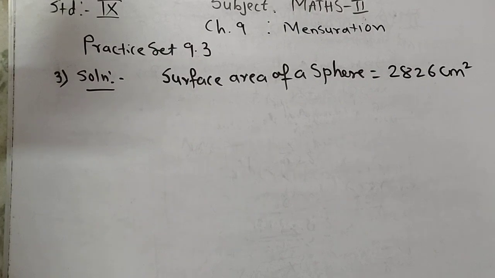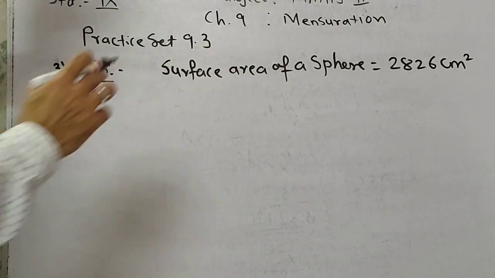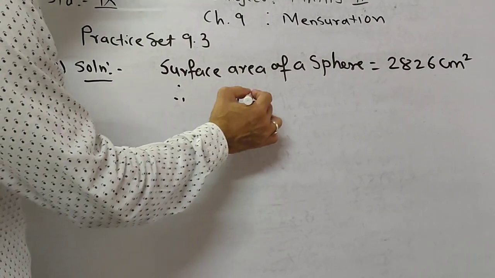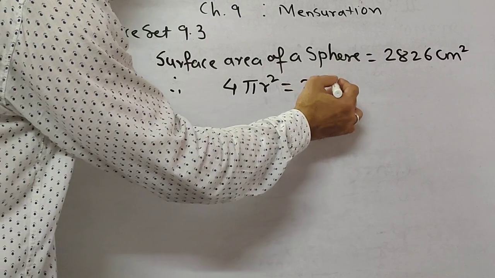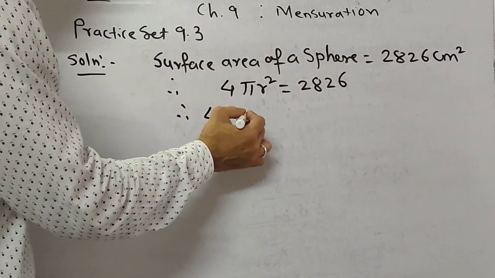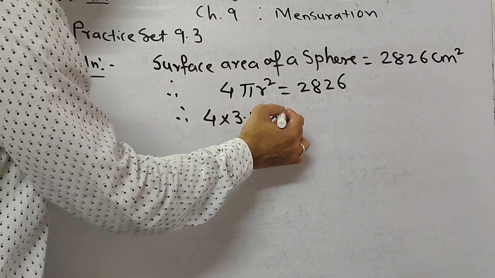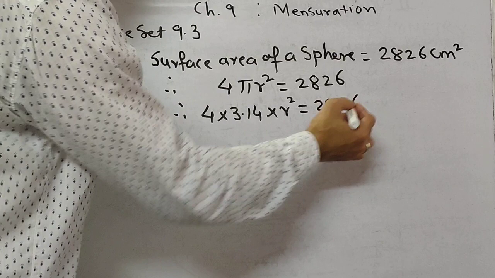Find its volume. Pi is given 3.14. So surface area formula is, you know, 4 pi r square is equal to 2826. Pi value is 3.14 into r square is equal to 2826.